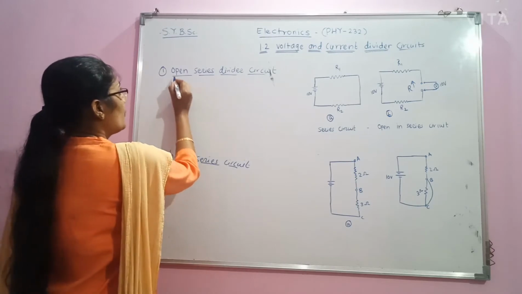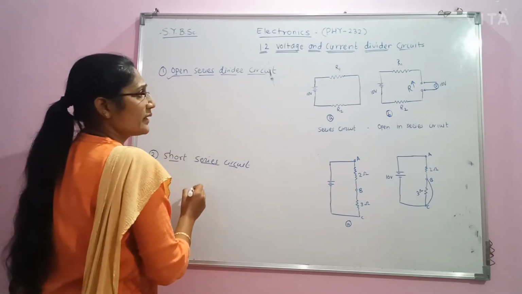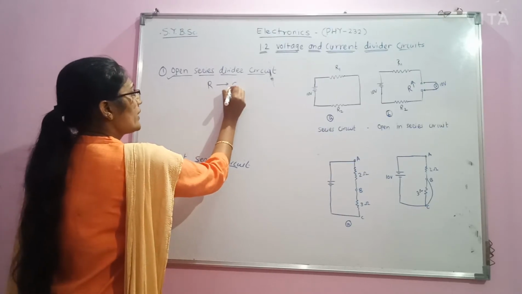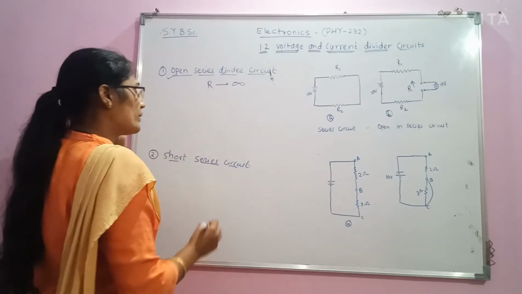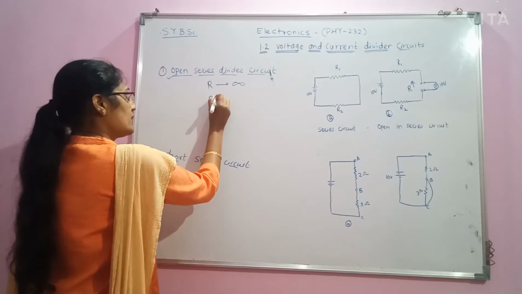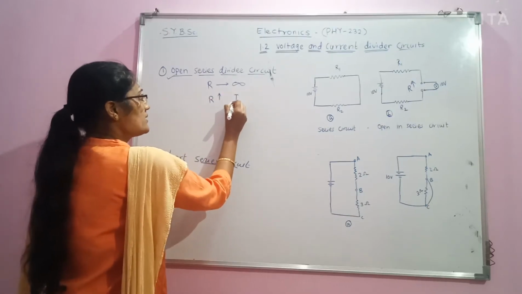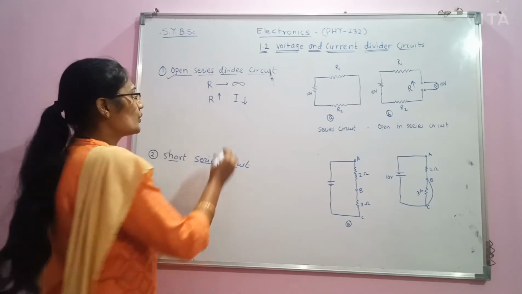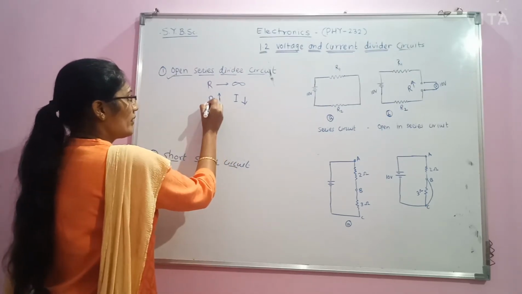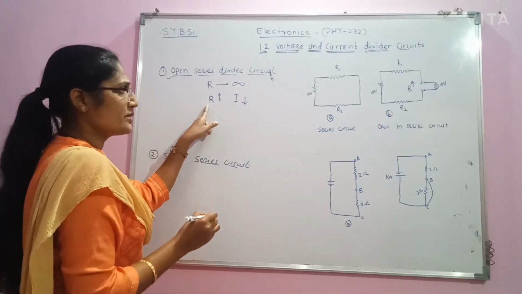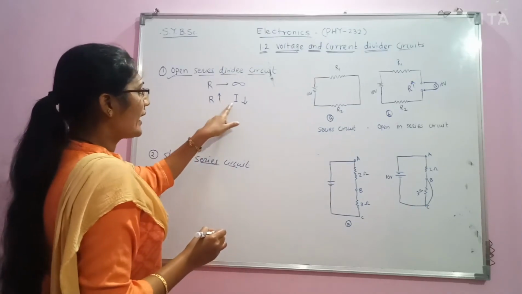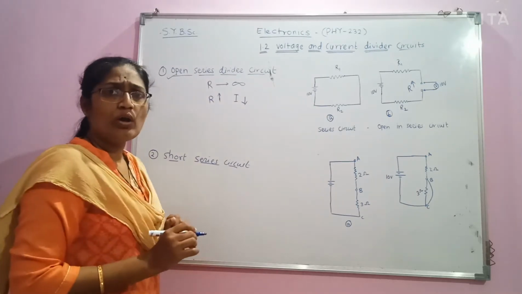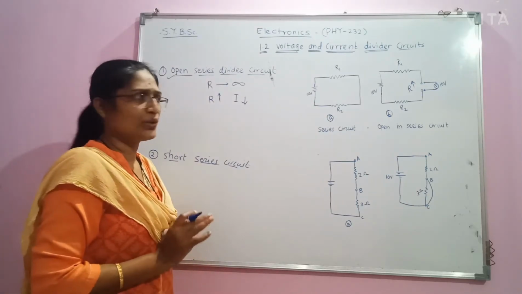It means that when we open the series circuit, the resistance of the circuit becomes infinite, and we know that if resistance increases then current decreases. So here there is a tremendous increase in resistance due to the open end, and hence the current value becomes negligibly small or almost equal to 0.